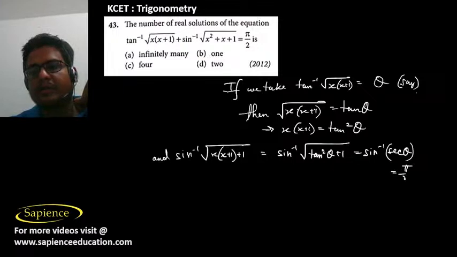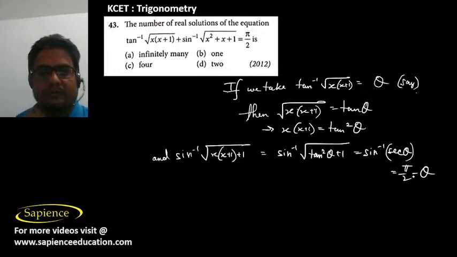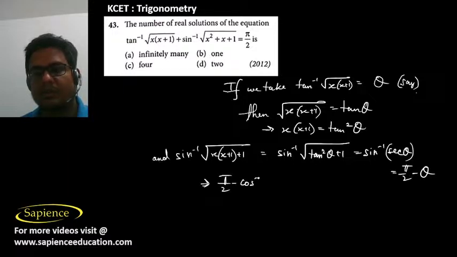That is equal to pi by 2 minus theta, that is told. So sin inverse sec theta, we can write it as pi by 2 minus cos inverse sec theta.